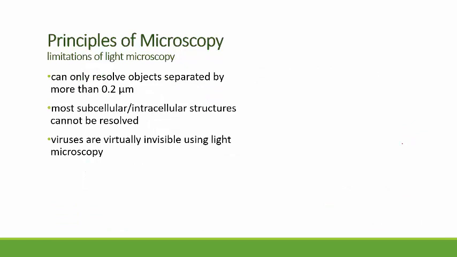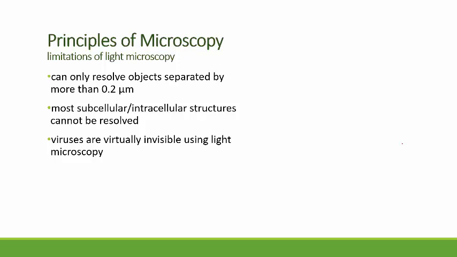So light microscopy is very limited. As we've said, you can only resolve objects that are larger than or separated by 0.2 microns. That doesn't give you as much resolution as we might wish to have, because the subcellular and intracellular structures just cannot be fully resolved using light microscopy.